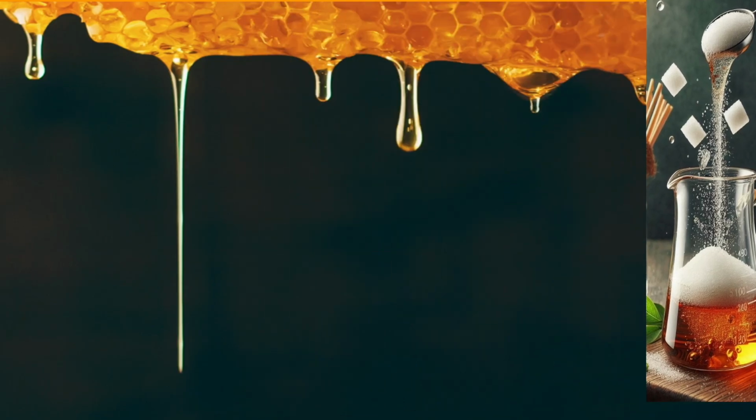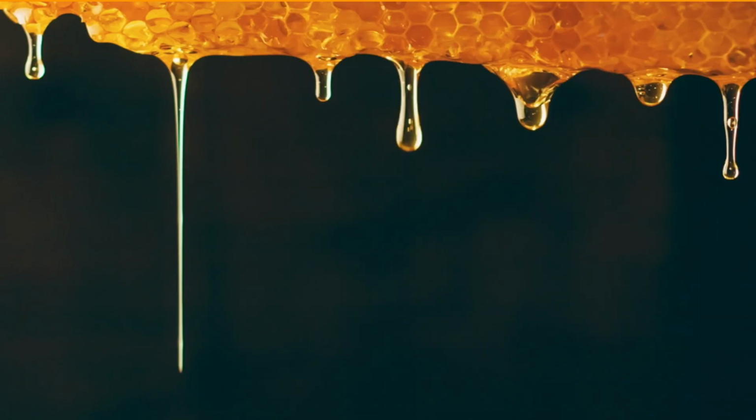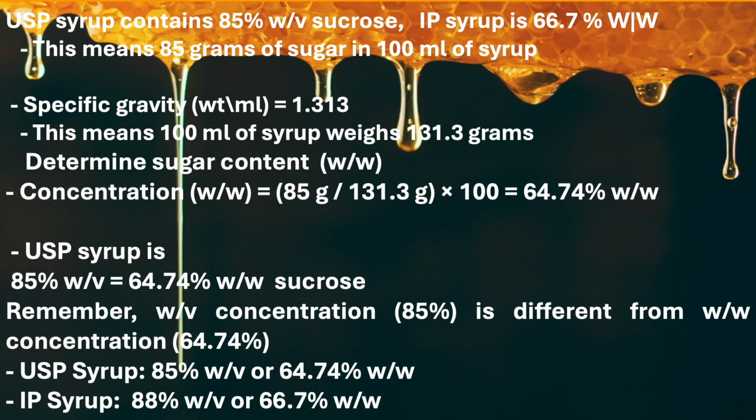So are IP and USP syrup the same? Let's have a look. Syrup USP contains 85% weight by volume of sucrose, that is, 100 ml of the syrup contains 85 gram of sucrose, whereas in IP the strength is mentioned in terms of weight by weight, that is, 100 gram of the prepared syrup contains 66.7 gram of sucrose.